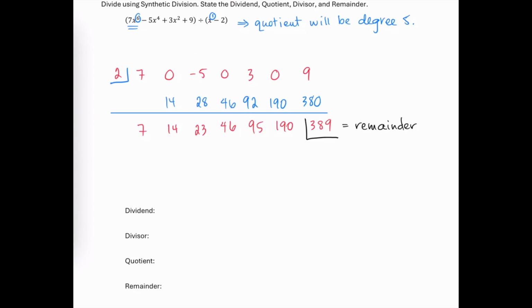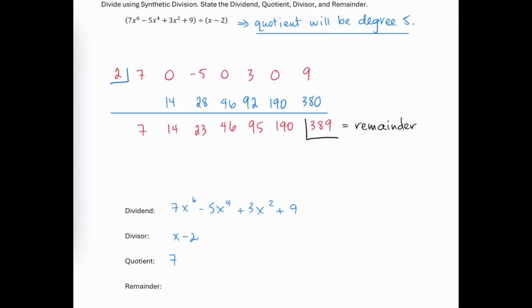So let's talk about what the dividend, the divisor, the quotient, and the remainder are. Again, the dividend was the original quantity, and the divisor was the linear expression x minus 2. The coefficients of the quotient are right here, and the quotient has a 5th degree.